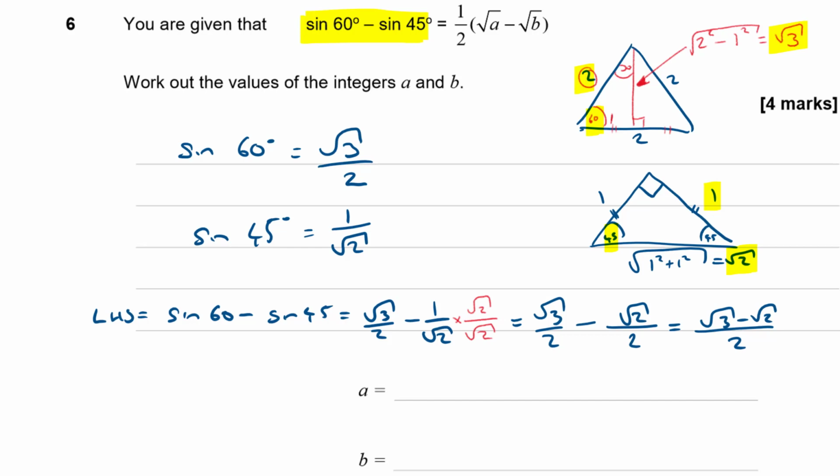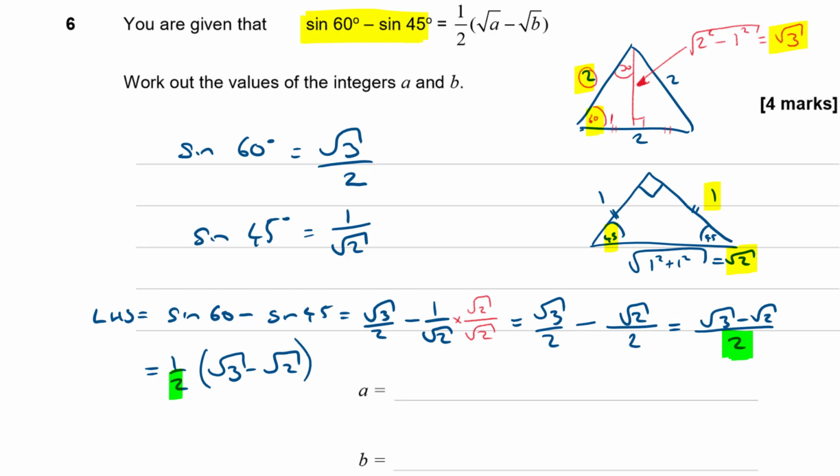All we've got to do now is rewrite that as a half of root 3 minus, running out of space, let me write over here. That's equal to a half of, open bracket, root 3 minus root 2. All I've done is taken that divide by 2 there, and written it at the front.